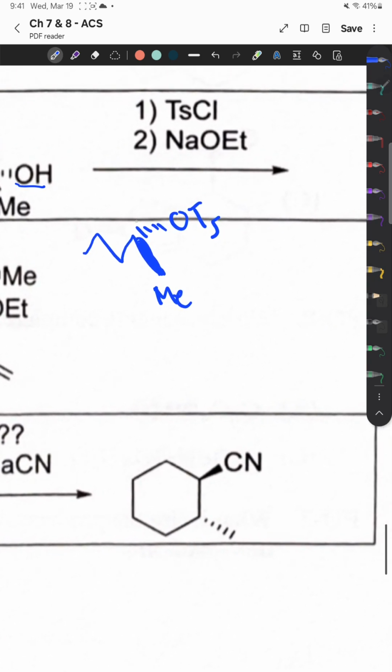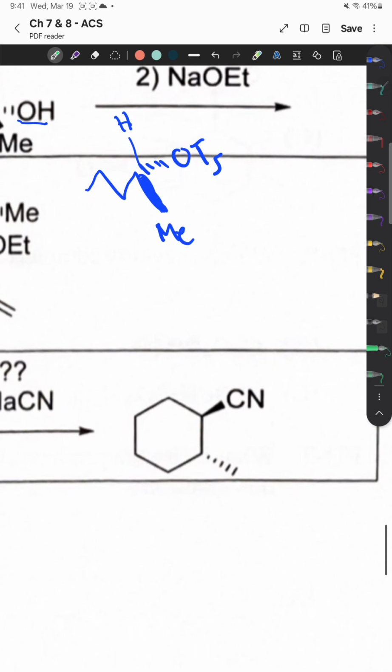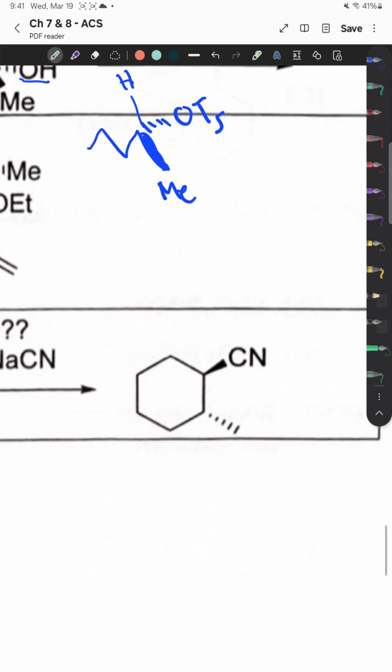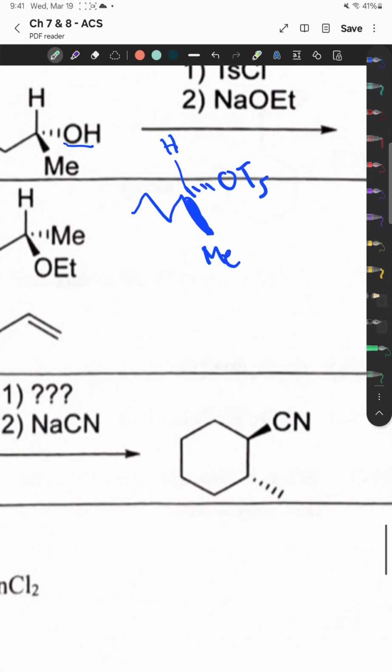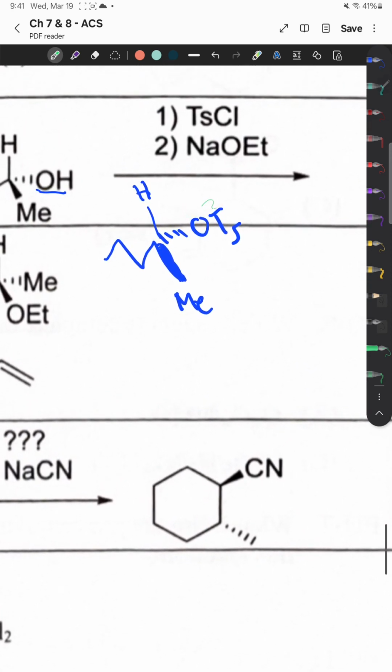So now that it is a good leaving group, it's going to react with the sodium ethoxide. And since it is a good leaving group, E2 elimination will occur. E2 beta elimination will occur. And so this will leave, right? But remember, whenever we have E2, the beta carbons need to lose a hydrogen.